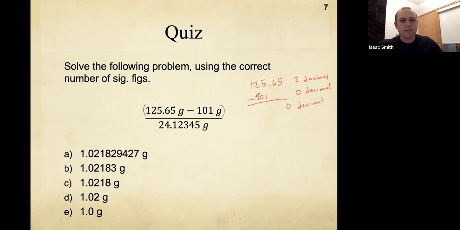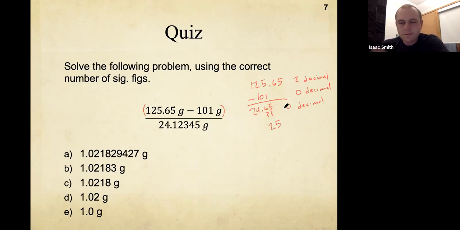So if you did this on your calculator, you should get, run through real quick, 125.65 minus 101. Okay, that gives me 24.65, okay? So we know the answer needs to be significant to 0 decimal places, which means we need to round this number to a number with 0 decimals. So this is going to be rounded to 25, okay?